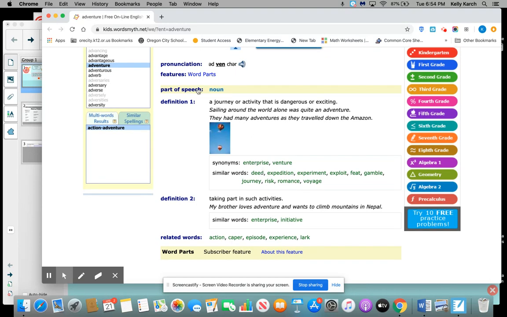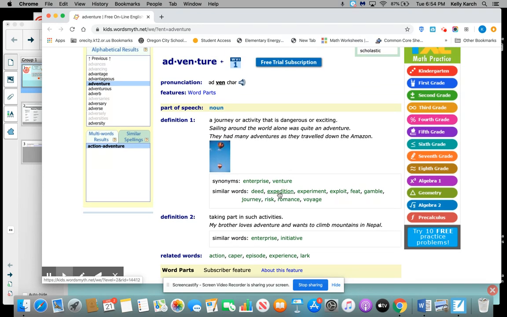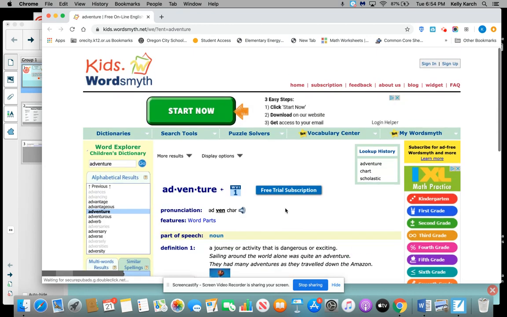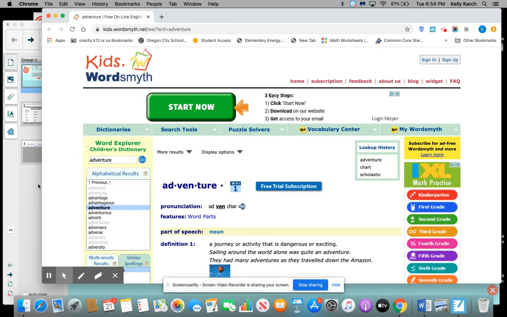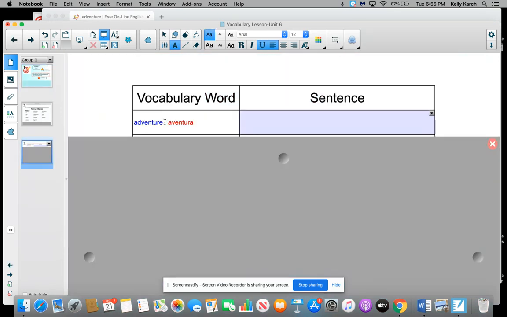So we can see in this example that an adventure is a journey. It can be an activity, and it could be dangerous or exciting. It can also be an enterprise or a venture. I like the word expedition because that's also a word that connects with our social studies content. So I'm going to come back to my chart that has the vocabulary words.